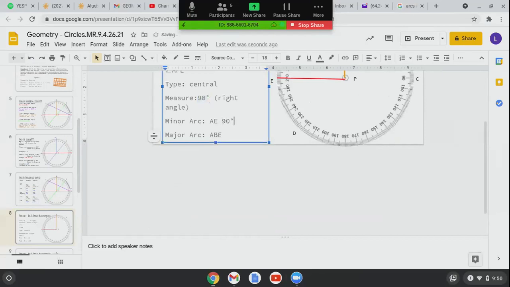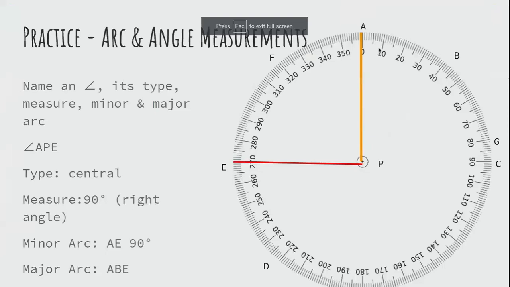Control paste. Okay, so the minor arc is 90 degrees. So the measure from A to E is 90 degrees. So if the minor arc is 90 degrees, what's the measure of the major arc?